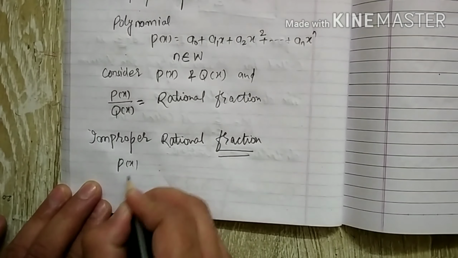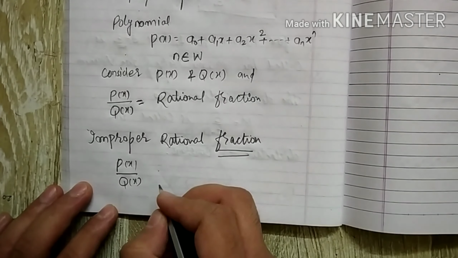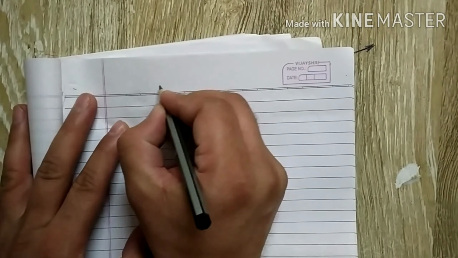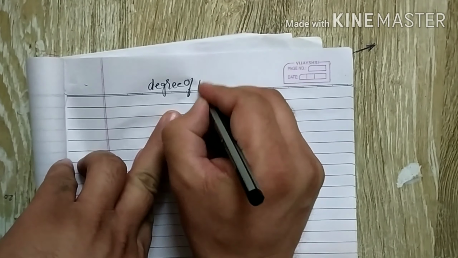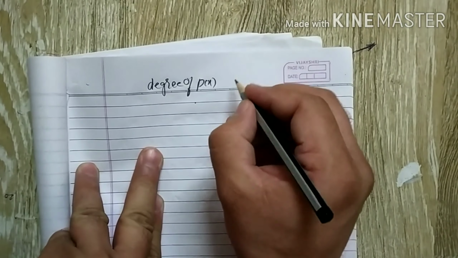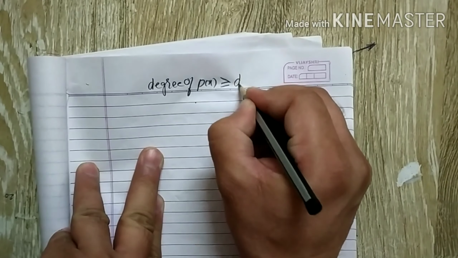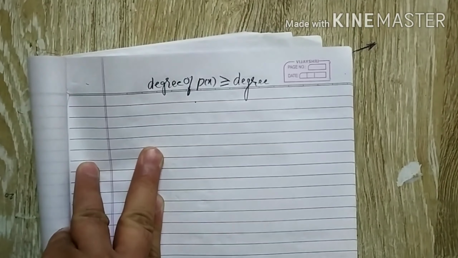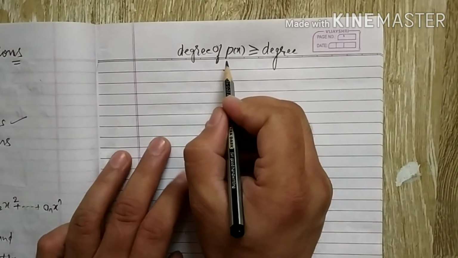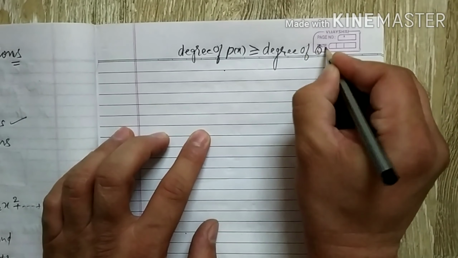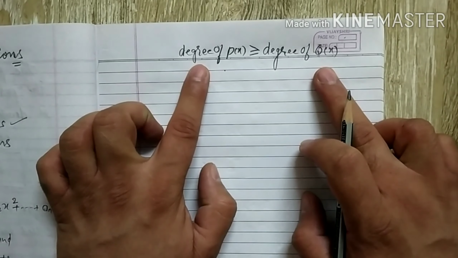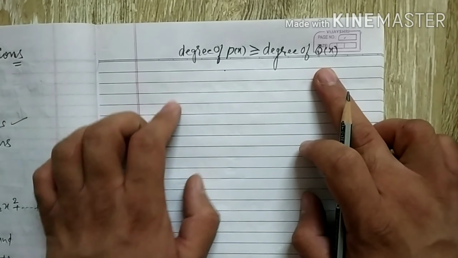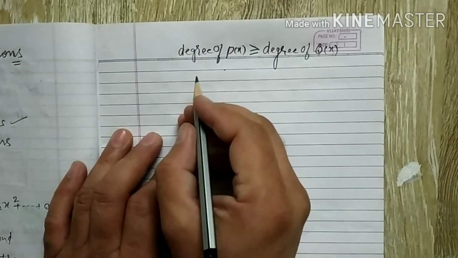If p(x) upon q(x) is a rational fraction in which the degree of p(x) is greater than or equal to the degree of q(x), that is, the degree of the numerator is greater than or equal to the degree of the denominator, then the fraction is an improper fraction. Let me give some examples.